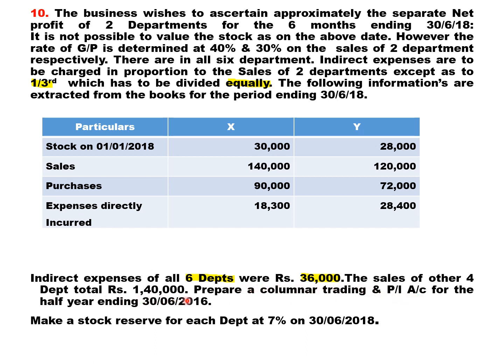So the sales of X department is 1,40,000, sales of department Y is 1,20,000, and the sales of the remaining 4 put together is 1,40,000. Prepare a trading and P&L account for the half year ending June 30. Make a stock reserve for each department at 7%.